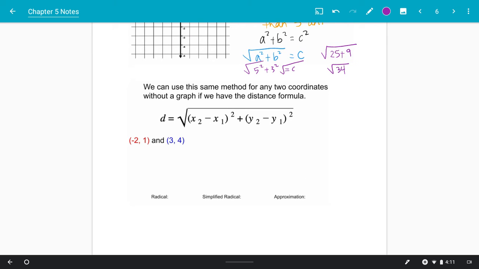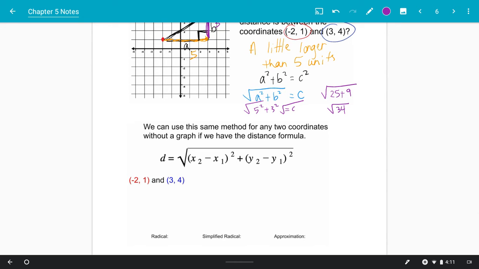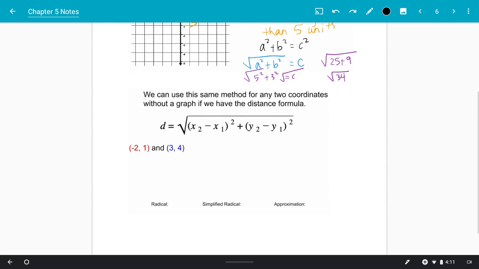So let's pretend we didn't have a picture and we didn't have a coordinate grid, and that this didn't necessarily make sense to us. Instead, we just had to go off of the coordinates we were given. So we can use this method without a graph if we have the distance formula, which is right here. It says d equals the square root of (x2 minus x1) squared plus (y2 minus y1) squared.